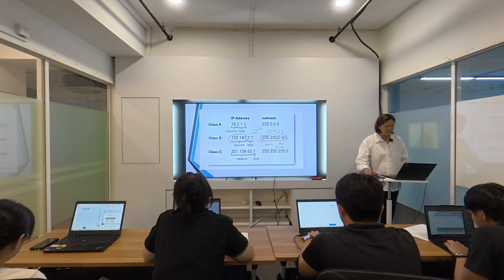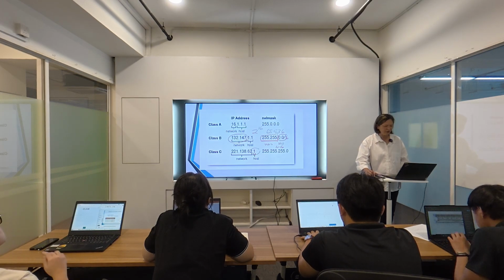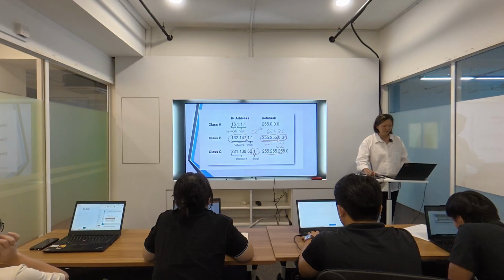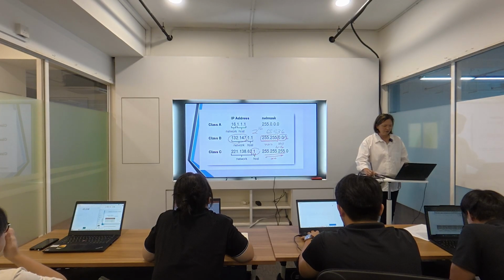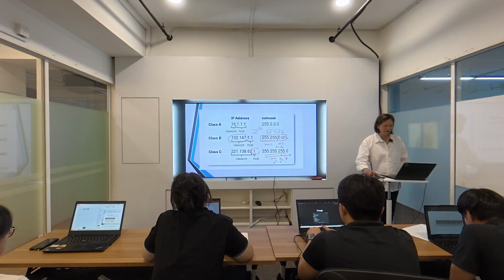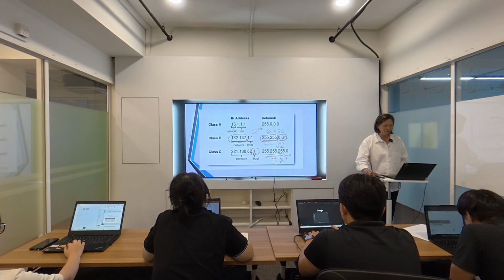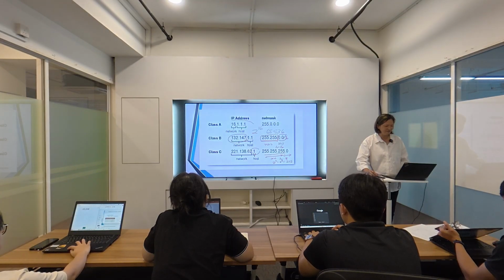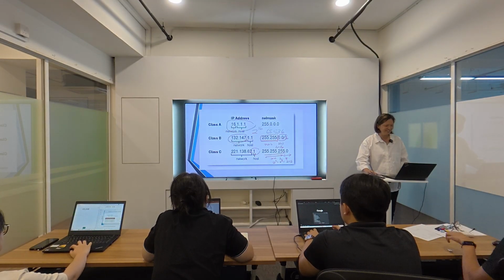Now, class C, just now, you have slash 24, which means 24 network bits, so you have 8 host bits left. So 2 to the power of 8, which is 256. Now, class A, how big is this network?